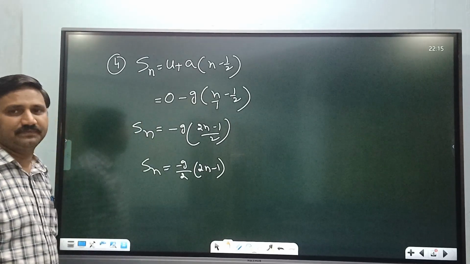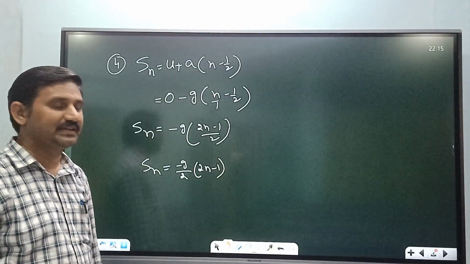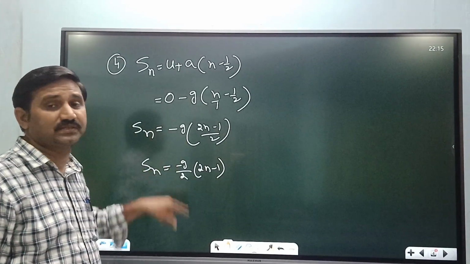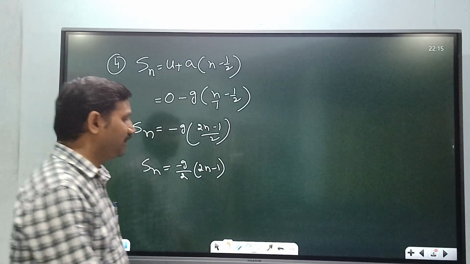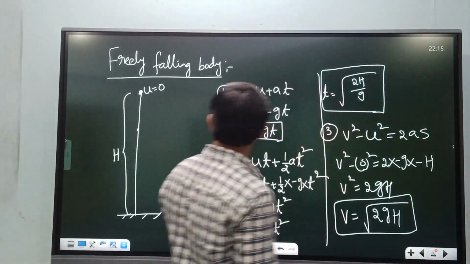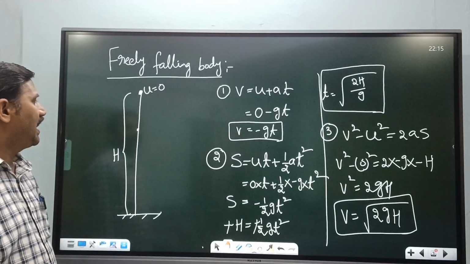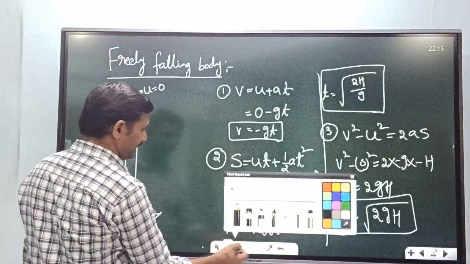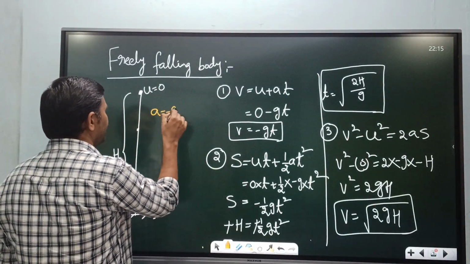This is the displacement of the body in the nth second. This minus sign also means the body is below the reference point. This is about the freely falling body. In case of a freely falling body, the initial velocity of the body is 0 and the acceleration a is replaced by minus g.